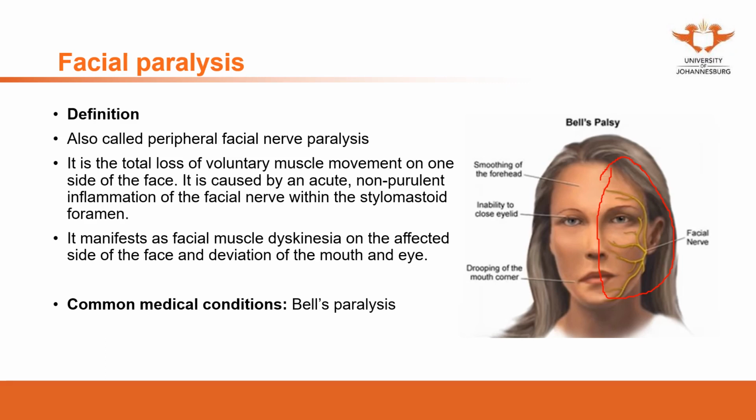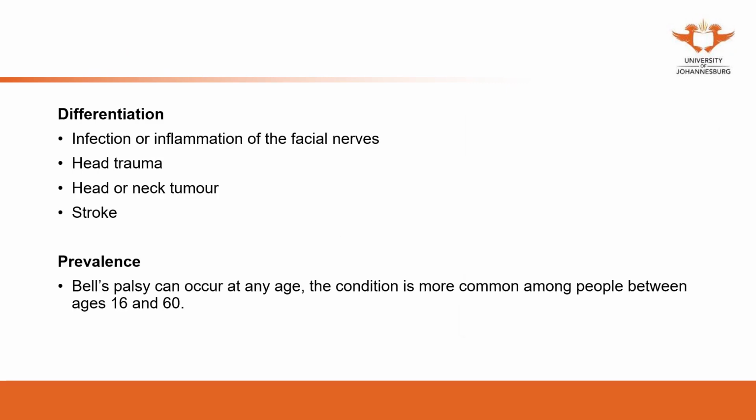The most common medical condition is Bell's palsy. Facial paralysis in conventional medicine mostly refers to infection or inflammation of the facial nerves. But we need to differentiate it from other diseases, especially diseases related to the head and brain: head trauma affecting the brain, head or neck tumor, and stroke.